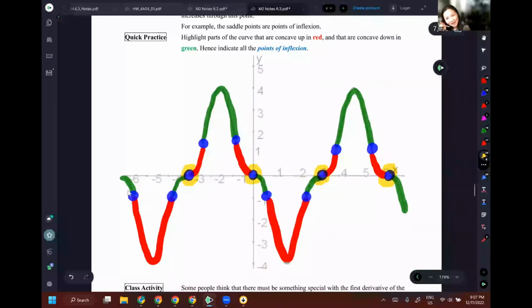There's a slight change of concavity because this part is concave down, although very short. It's not about length. It's not about geometry. Even a tiny part can be concave down and then up. You see there is a change of concavity here and here. So you must realize not just 4 points of inflection, but many, many more.